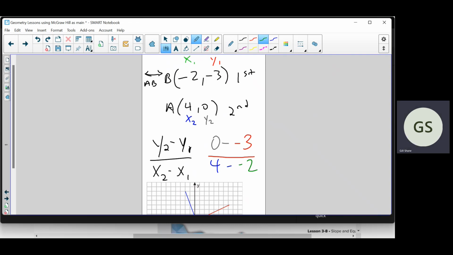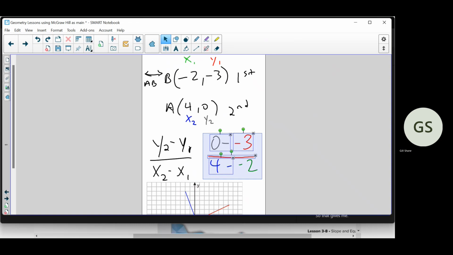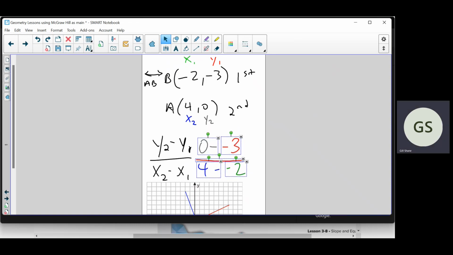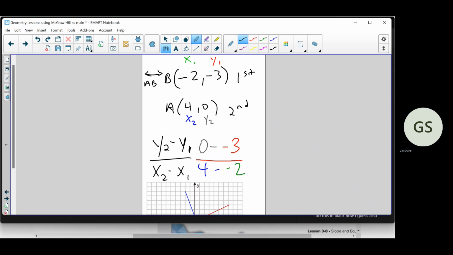It is 0 subtract -3, which is 0 plus 3. So that gives me 3. 4 subtract -2 is 4 plus 2. So just like I got before, I get 3/6, which is the slope of 1/2.